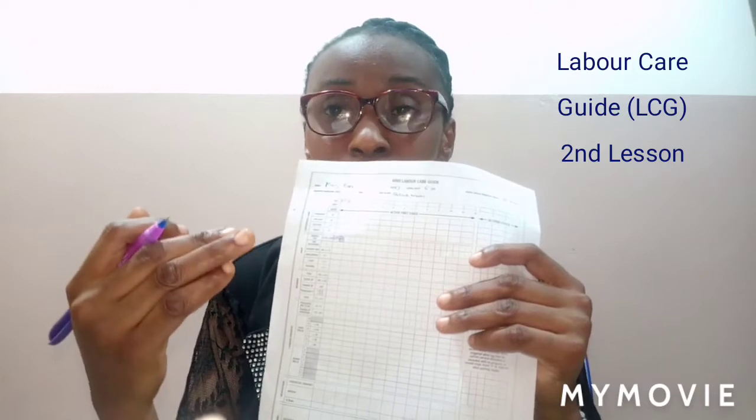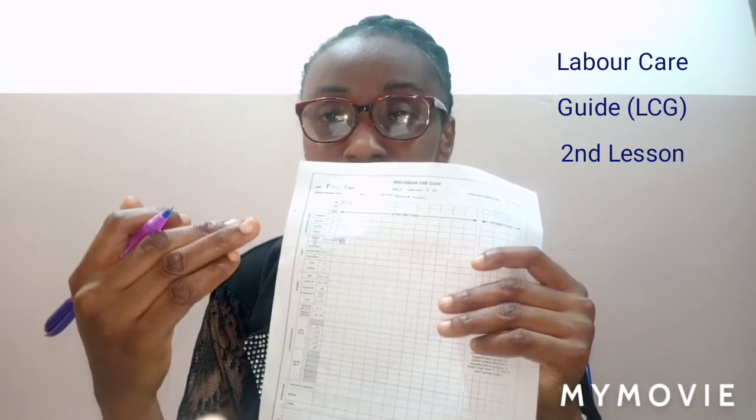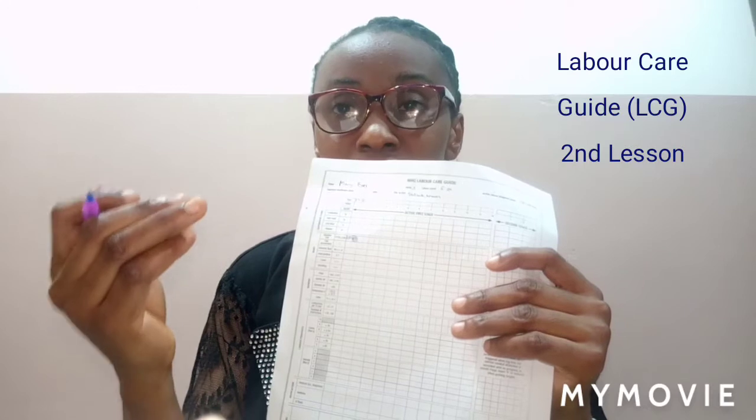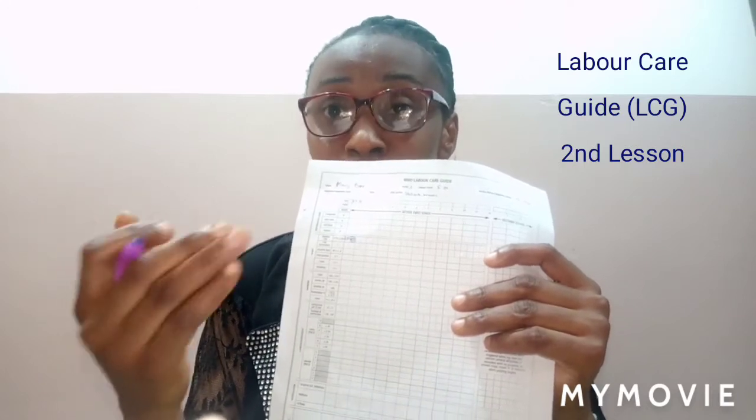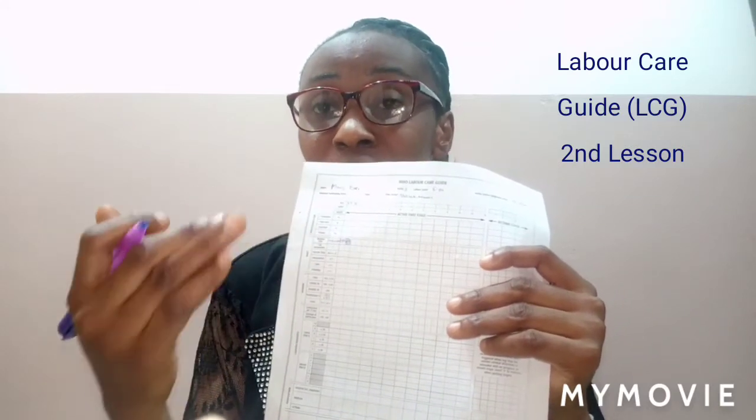At the peak of contraction, sometimes the fetal heart rate ceases, and immediately there is a drop, it picks up again. This is what we are talking about when we talk about fetal heart rate deceleration.